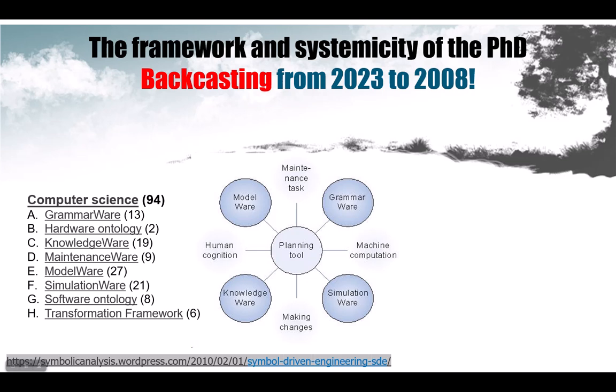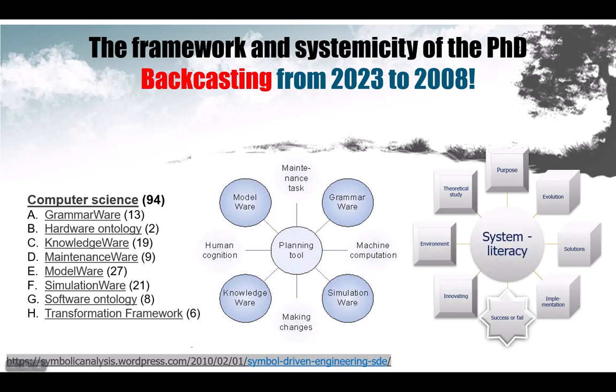It defines a planning tool, software planning tool, maintenance tool. It includes grammar, modelware, knowledgeware, and simulationware. There are conceptual spaces, also called technological spaces, and there are maintenance human and computer tasks there between those wares.